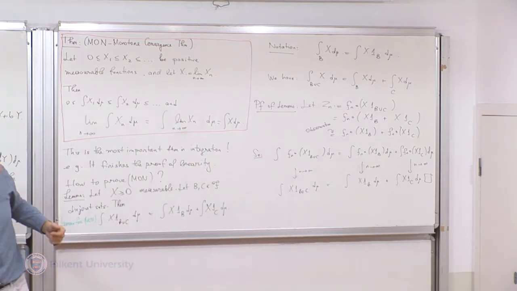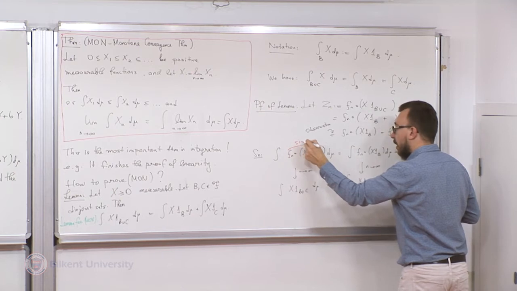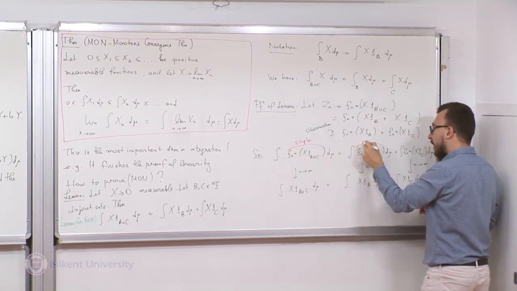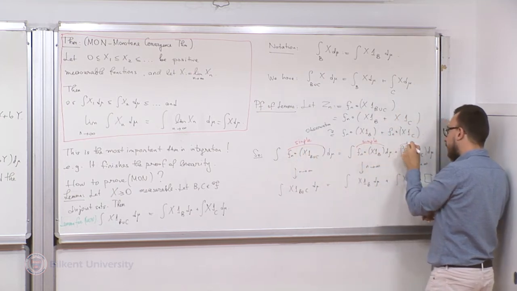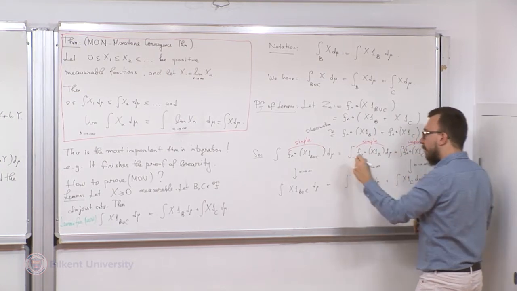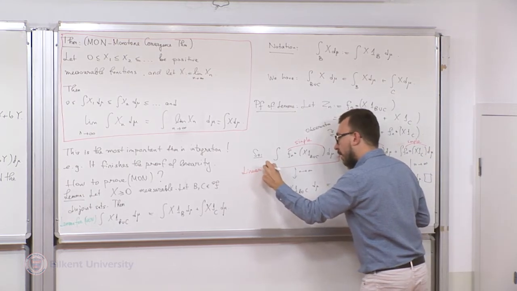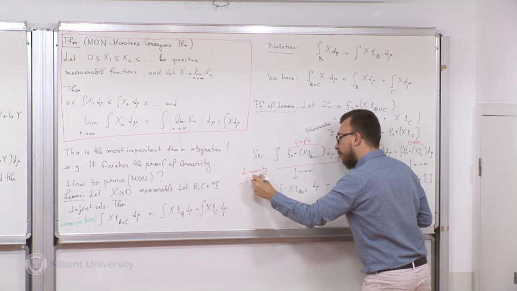So we wrote the first equation because this is a simple function. This is a simple function. And this is a simple function. So here we indeed use linearity in step 2.